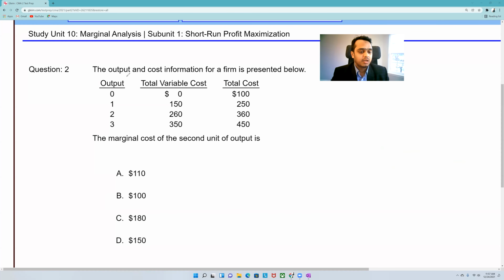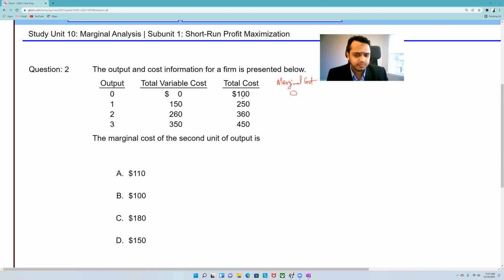The input and cost information for a firm is presented below. The marginal cost of the second unit of output is, so let me make another column as marginal cost. Here 100 to 0, 100 is 0 only here.